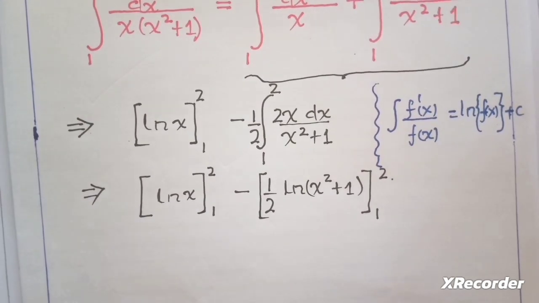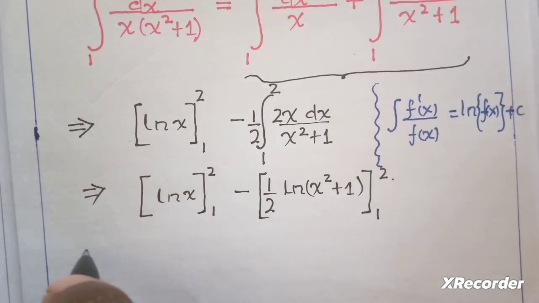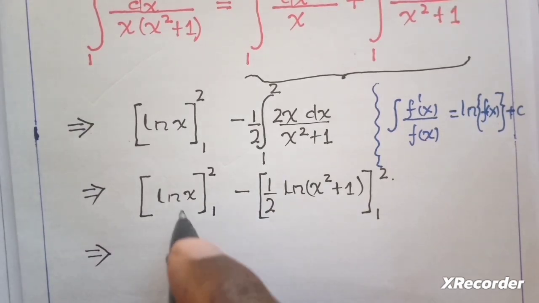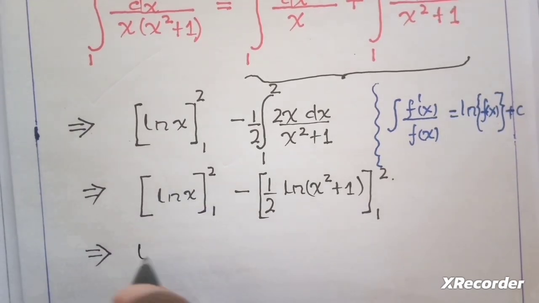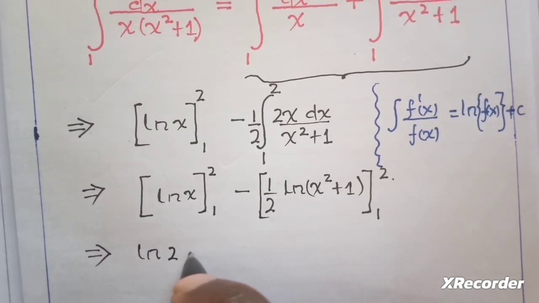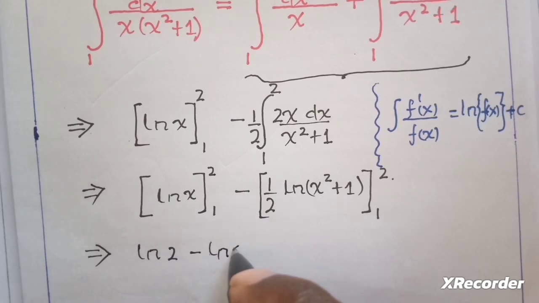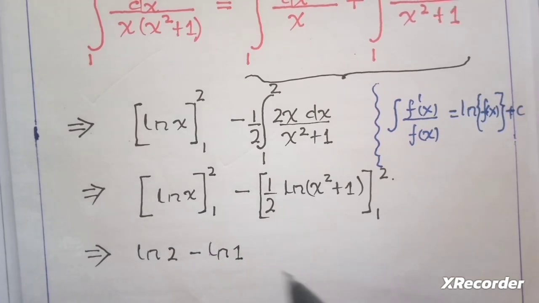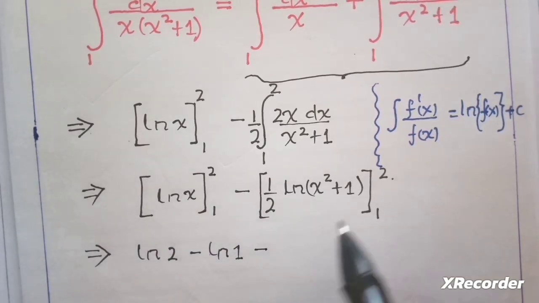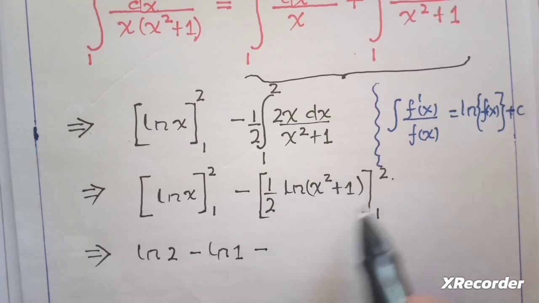So we continue. If we replace 2 for this one, it will be ln2, like that, minus ln1, like that, minus, we can replace for 2, that is 5.